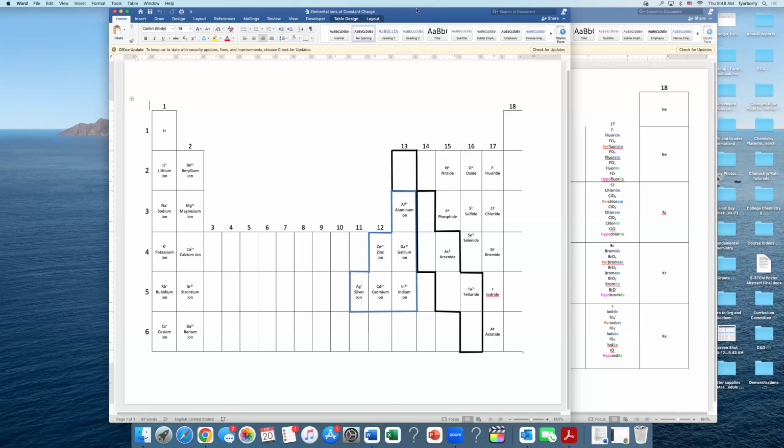So let me explain how to read your periodic table. If you look at the metals in group 1, you will note that they are all a +1 charge.